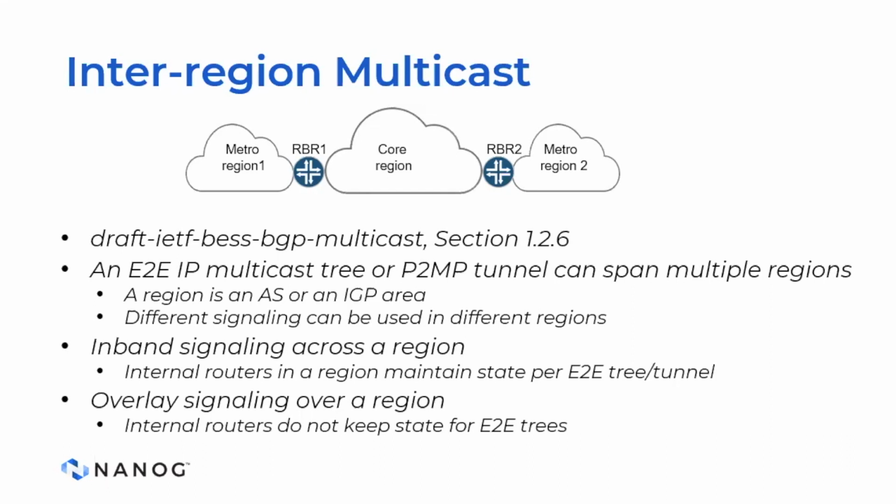And for a particular region, we can do either in-band signaling or overlay signaling. With in-band signaling, the internal routers in the region will maintain state for those individual end-to-end trees. But with overlay signaling, the internal routers will not keep state for the end-to-end trees.